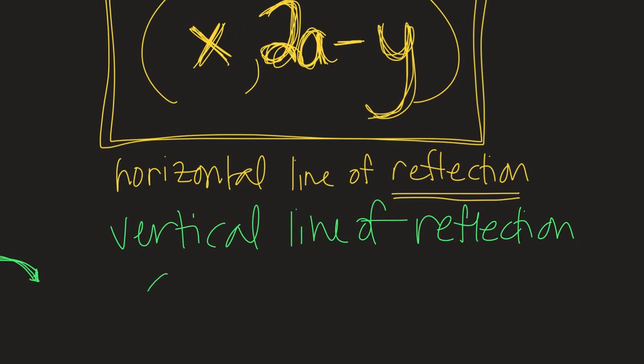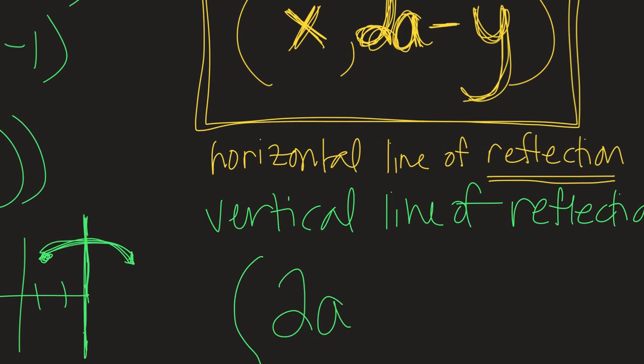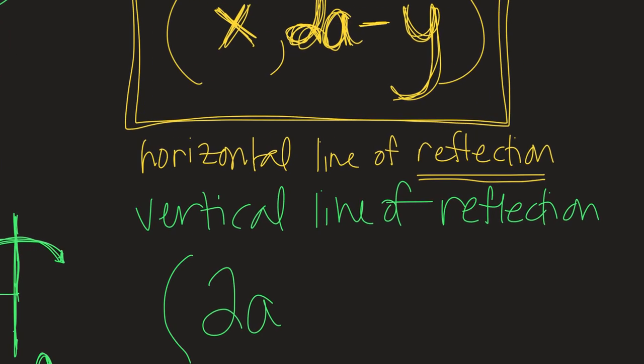Well, it turns out that the same thing happens. We double the a value, where x equals a is the equation of your vertical line. We double that, and we subtract the x coordinate from every point, and the y value stays the same.